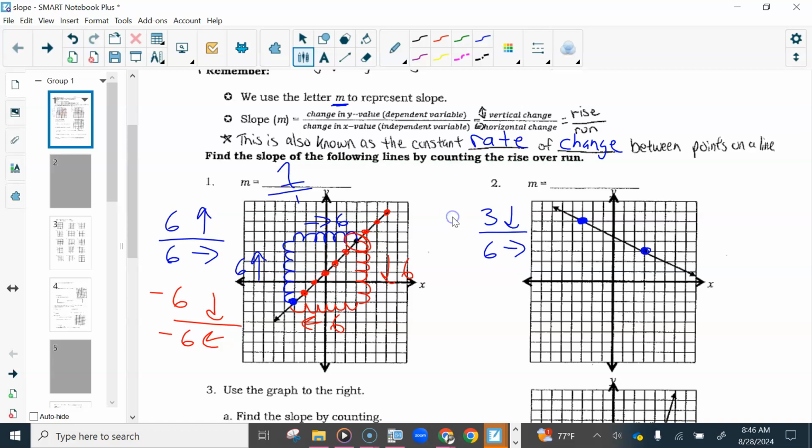And because we went down 3, that would be a -1/2. Which means every time I go down 1 and to the right 2, there should be another point. But if we went the opposite way, so let's say we started at this one instead, and I went up 1 and to the left 2.